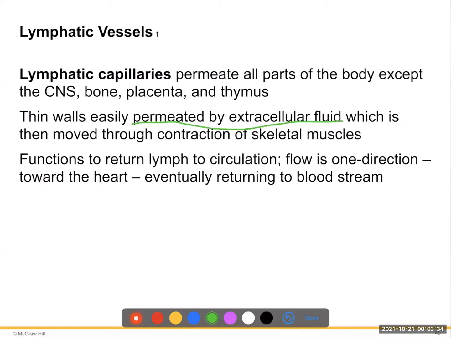There is no heartbeat for the lymphatic system. It just uses the force of skeletal muscle contraction to move through the body. Lymph flows in one direction towards the heart, eventually returning to the bloodstream. So lymph only flows in one direction, just like our blood circulatory system only flows in one direction.